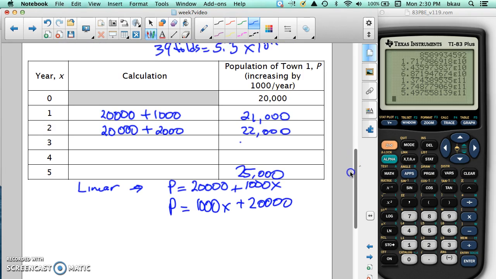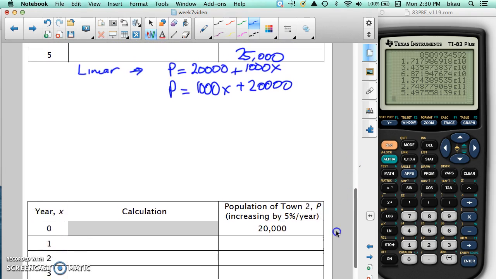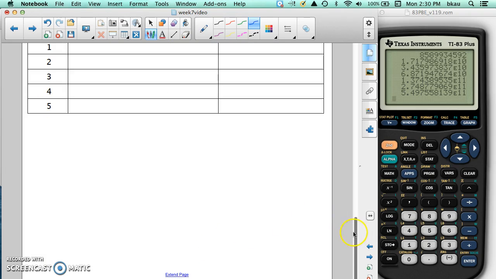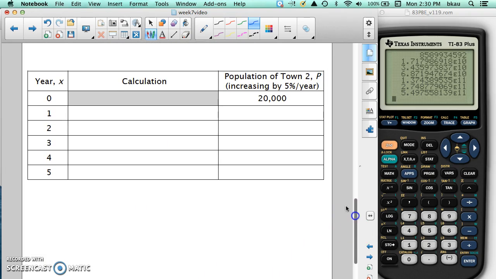Now the other growth factor, what we're discussing in this class, is growing by a percent each year. So in this case, we're going to grow by 5%. So we're going to take 5% more. So we got 20,000 plus 20,000, or 5% of 20,000.